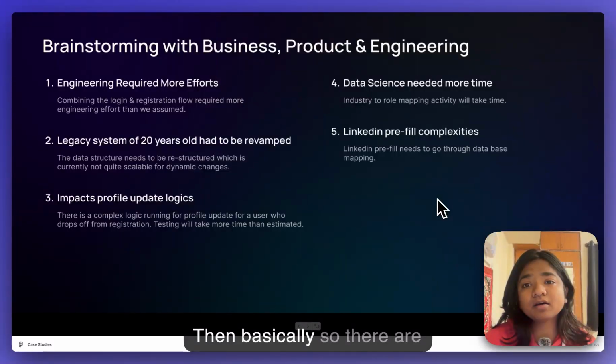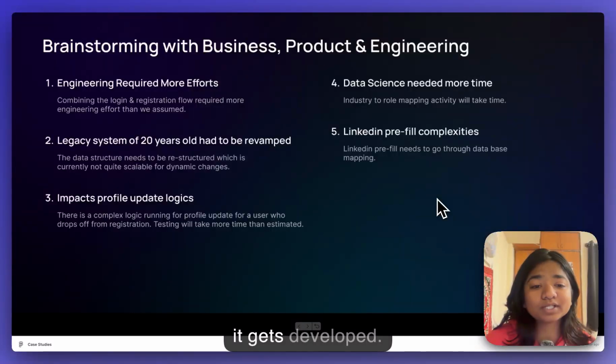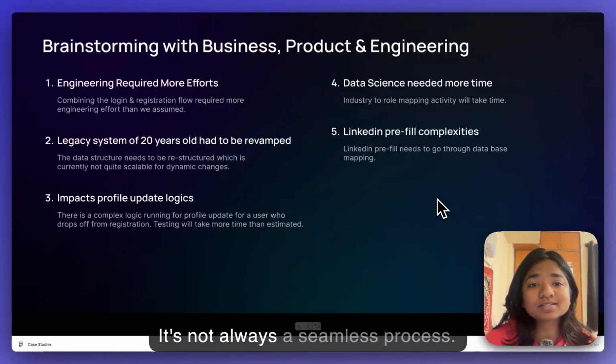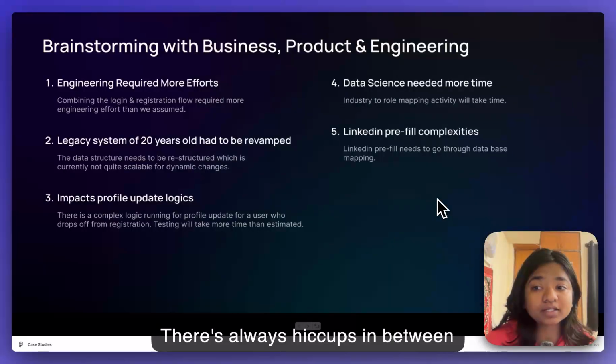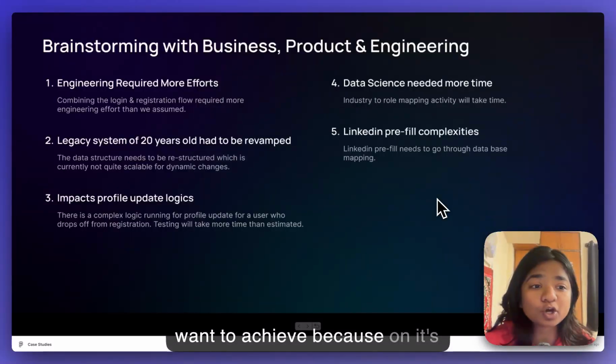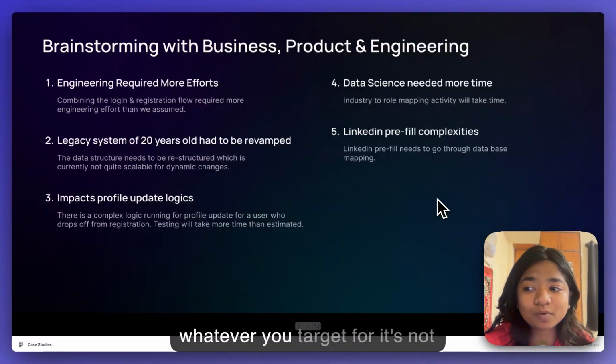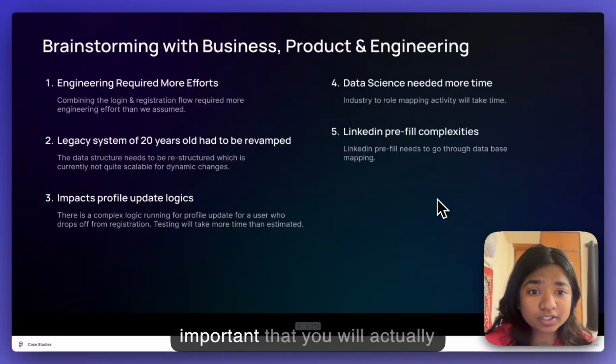Then there is how you design and how it gets developed. It's not always a seamless process. There are always hiccups in between. You will not achieve what you want to achieve, because come on, it's reality. Whatever you target, it's not certain that you will actually achieve it.